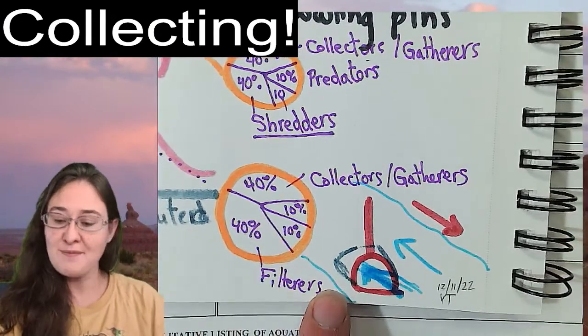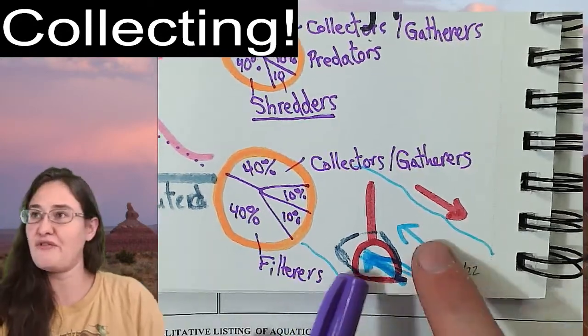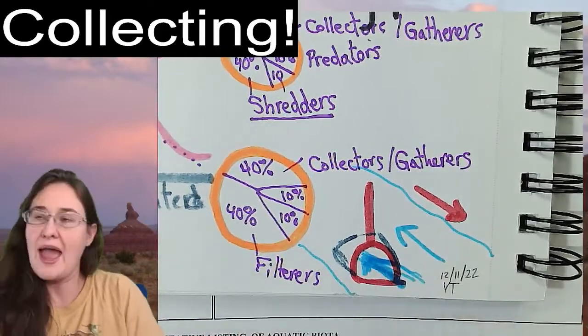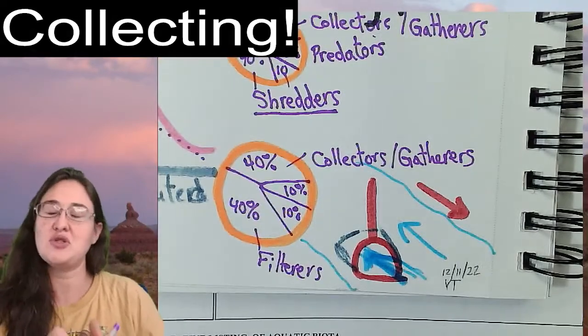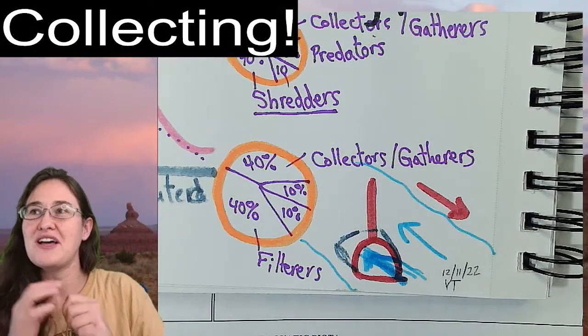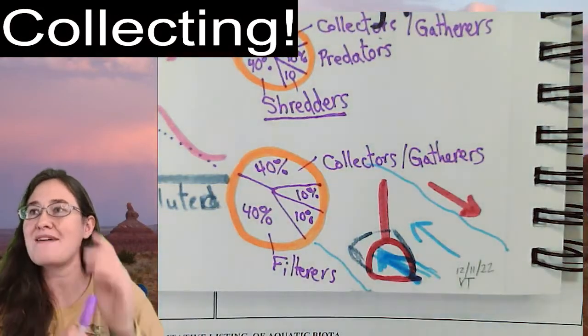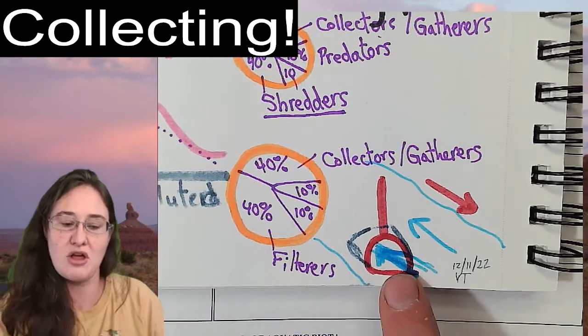And then if I put a little person here, this person is going to be taking their feet and kind of kicking the rocks and the substrate up and towards the net. So as you're moving in this direction, you do what we call the macro shuffle. You shuffle your feet against the ground and you bring your net this way, and that's going to be your preferred method for collecting along the bottom.